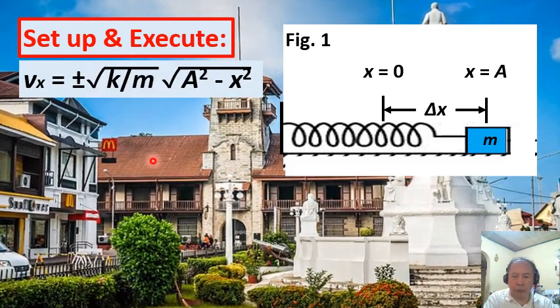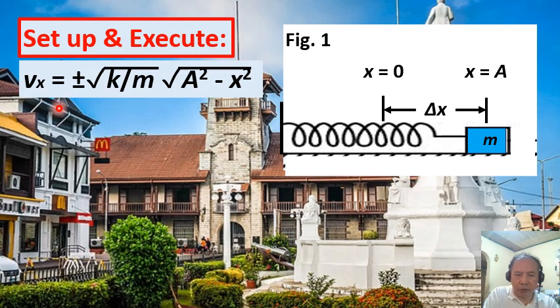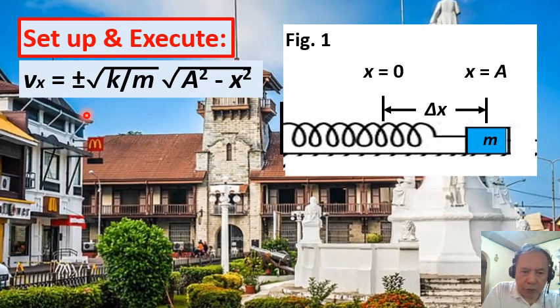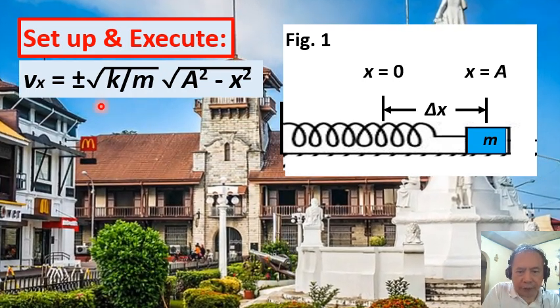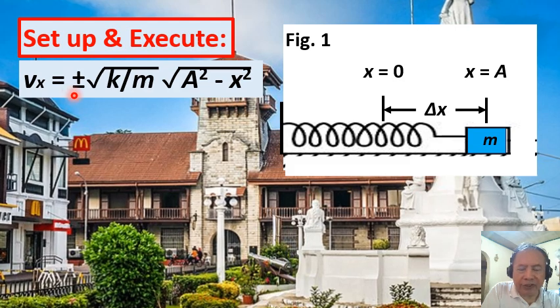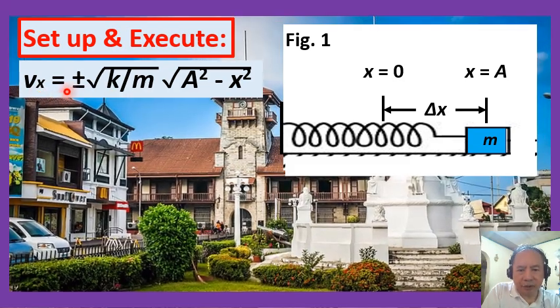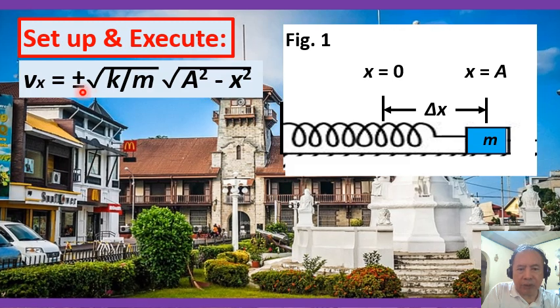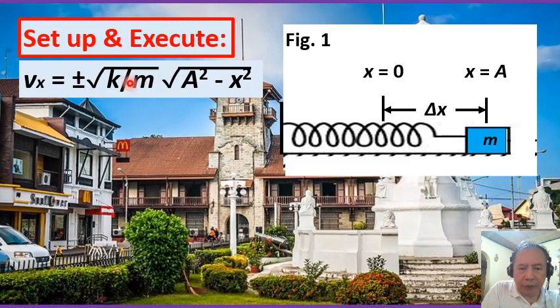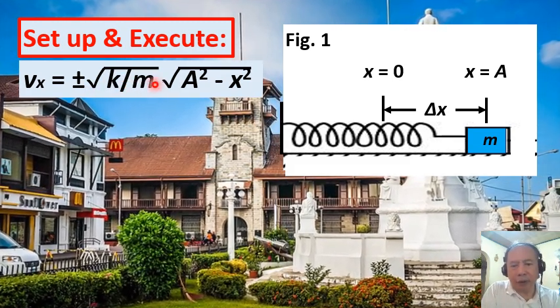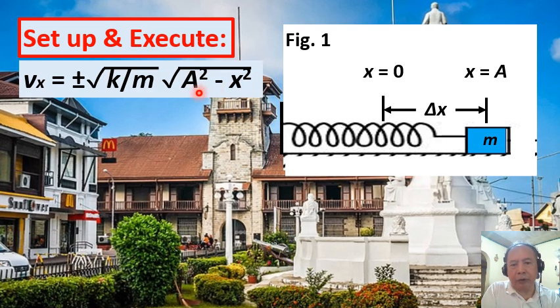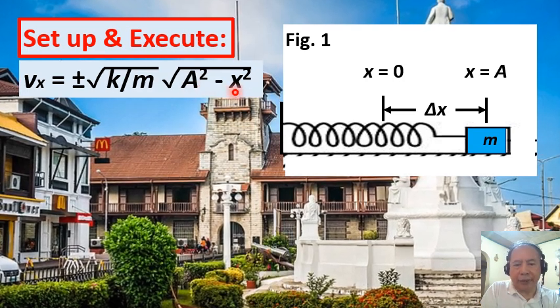Moving on to our computations, we use this general formula for finding the instantaneous velocity, Vx. It's equal to plus or minus the square root of k over m, multiplied by the square root of A squared minus x squared.